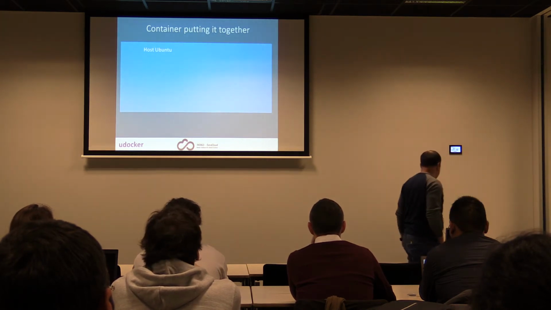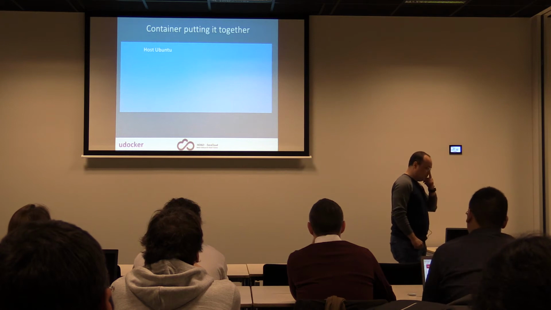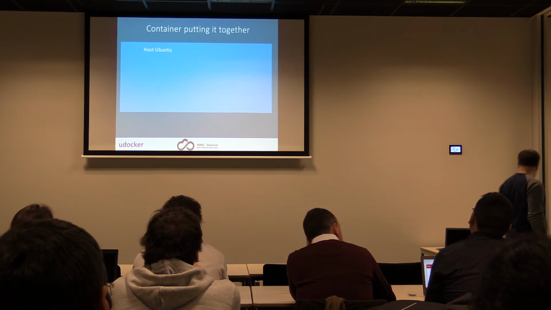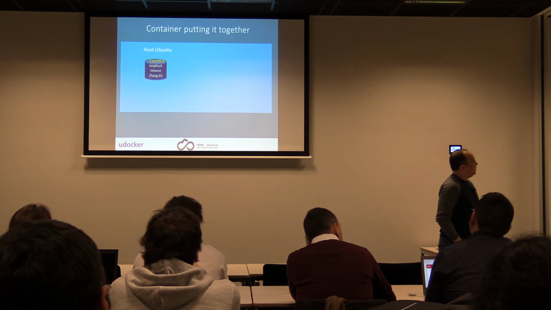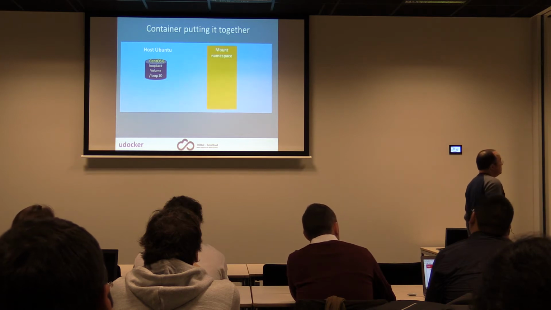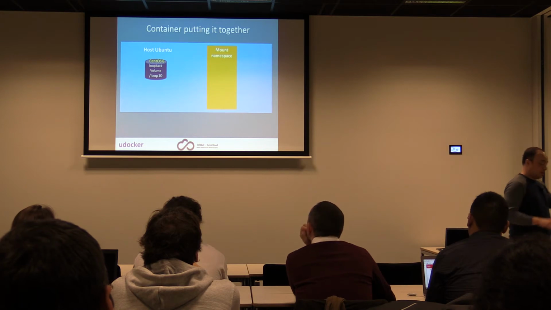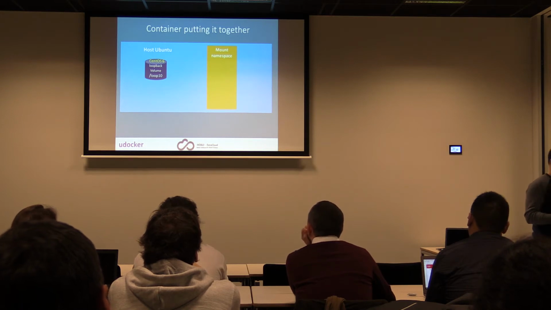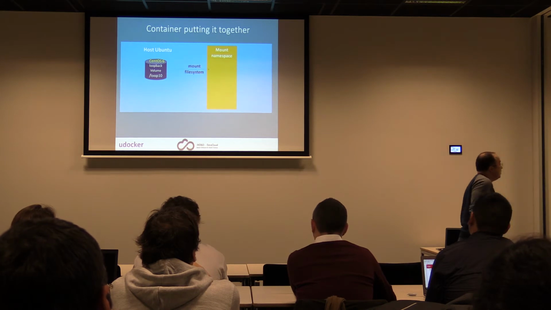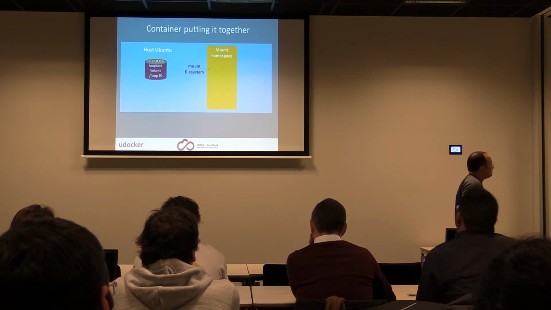so let's have a look on a concrete case. Imagine that you have a host that is running Ubuntu. You download a container image, which is a CentOS 6, for instance. While building the container, you define a mount namespace where you mount the file system.